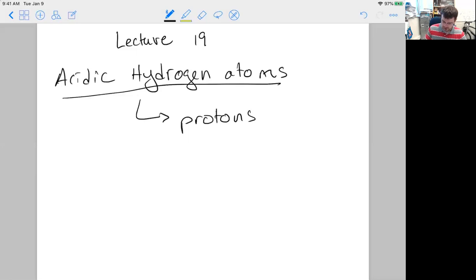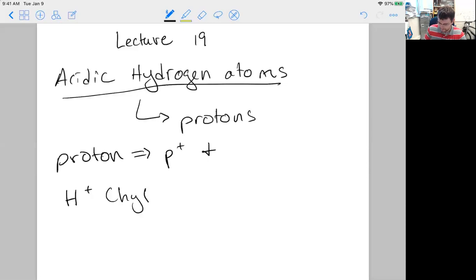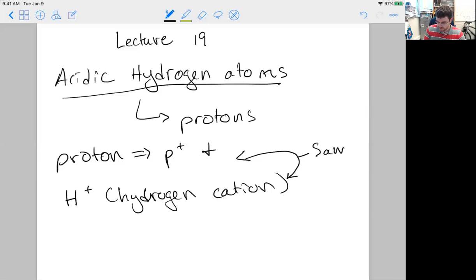And that's because the proton is P plus, and a hydrogen atom that is a cation are the same. So if you take the hydrogen atom and you remove an electron, you leave behind only a subatomic particle, a proton. So an H plus or a proton, these things are the same.